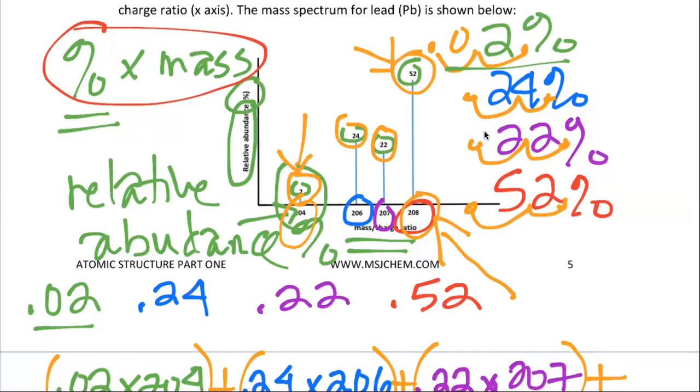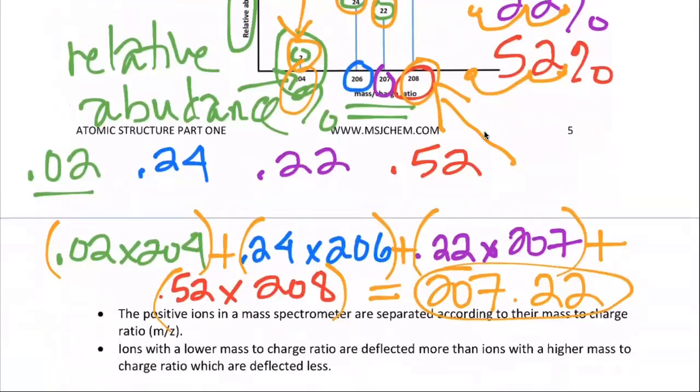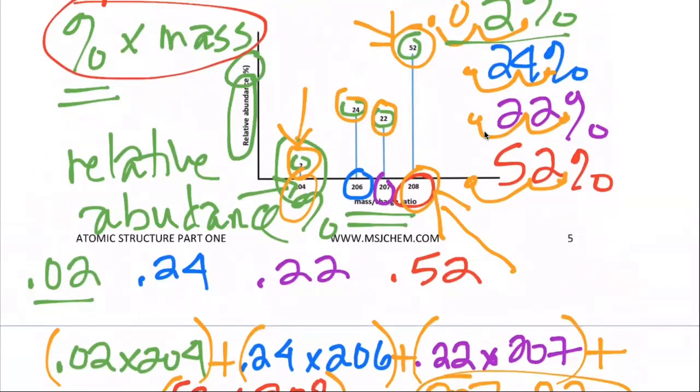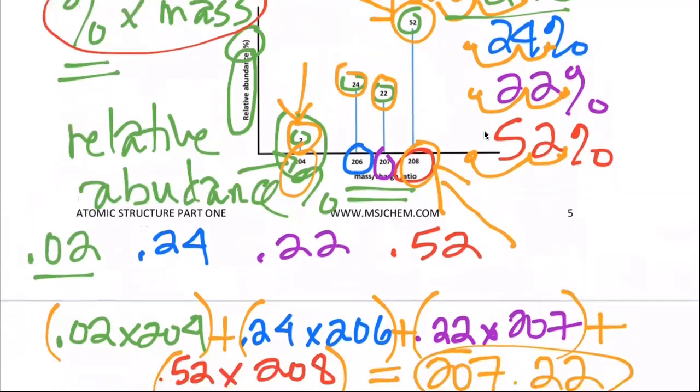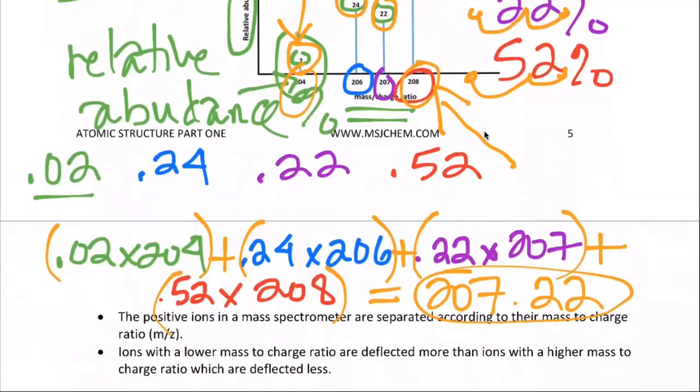So when we look at our answer and see it's just a little bit above 207, that makes sense because over half of the sample, 52%, was 208. The other 48% was the other 3 isotopes all together, and 204 was the smallest, okay? 206 and 207 were kind of close to each other. So when you're thinking about your answers, guys, think about the percentages, think about the masses, and check: does that answer make sense based on the numbers I was given, okay?